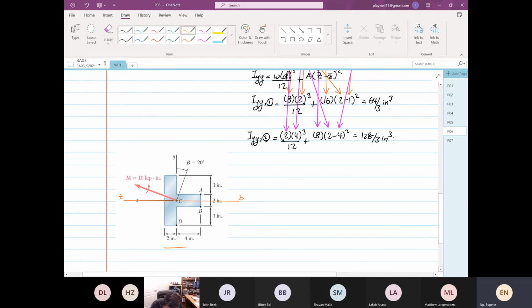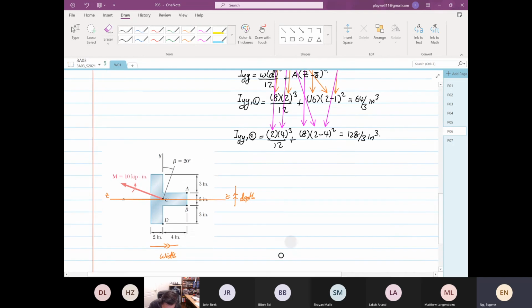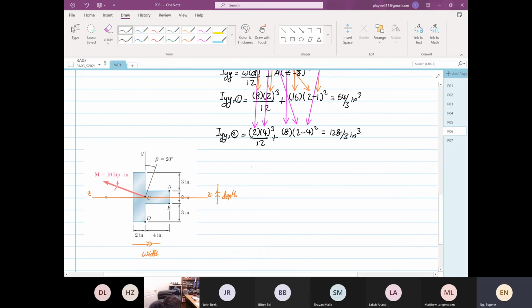Parallel to the axis, this is your width, and over here, this is your depth. And we know the position of the centroid by observation. By observation, the centroid is on the Z-axis.